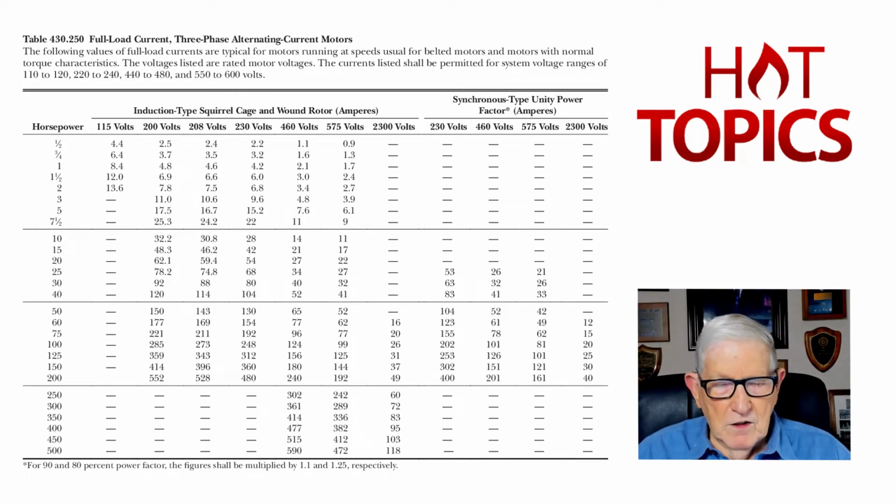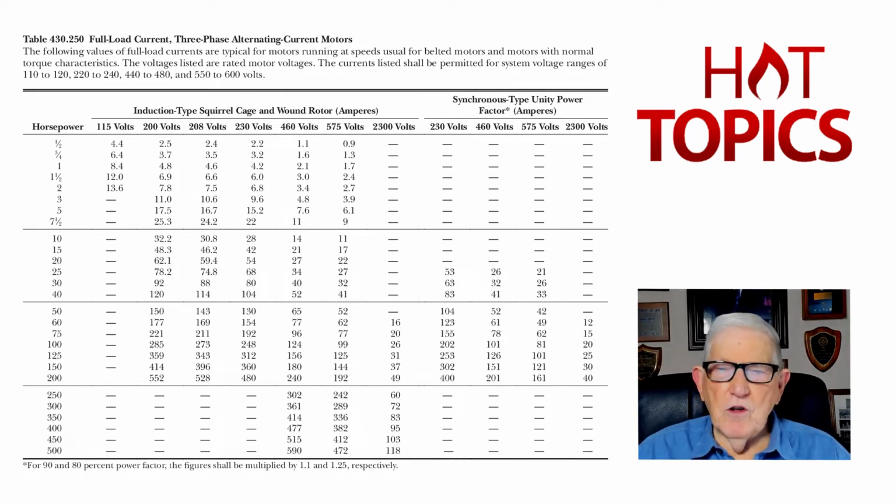You notice the first column to the left of the table is titled horsepower. We'll just scroll on down there till we get to 50 horsepower, slide across horizontally, and pick up 460 volt three-phase, and it's 65 amps.